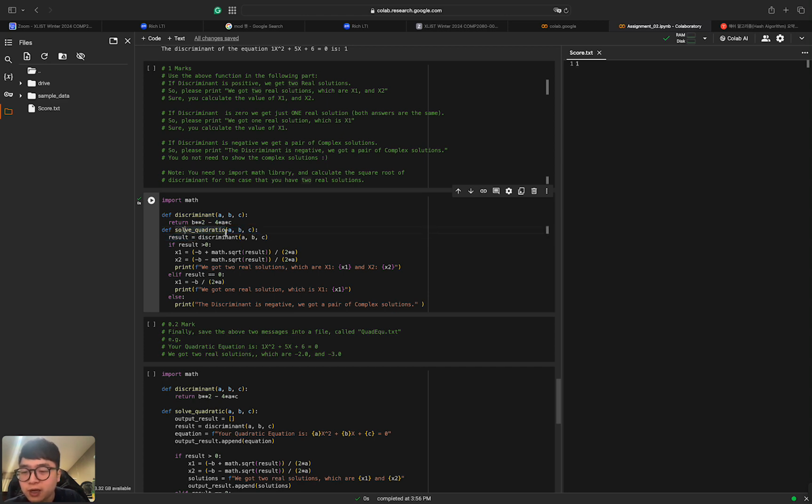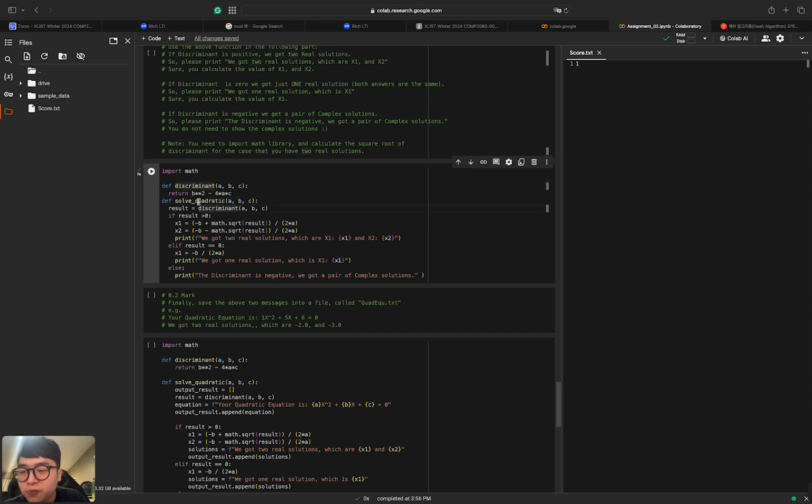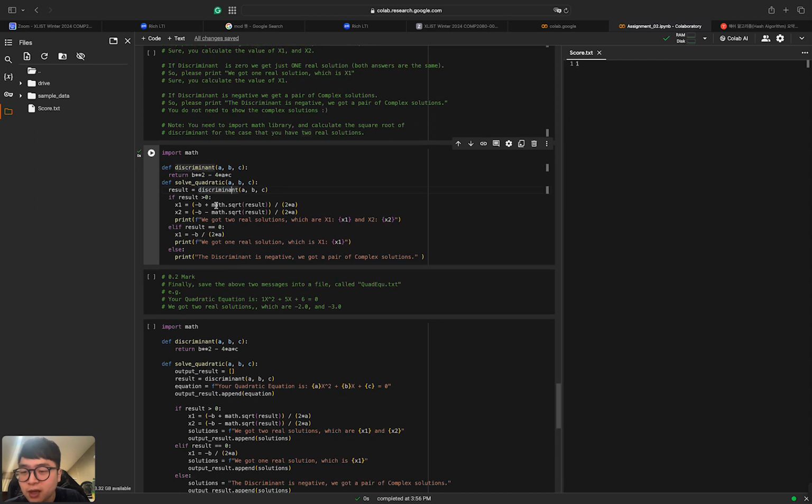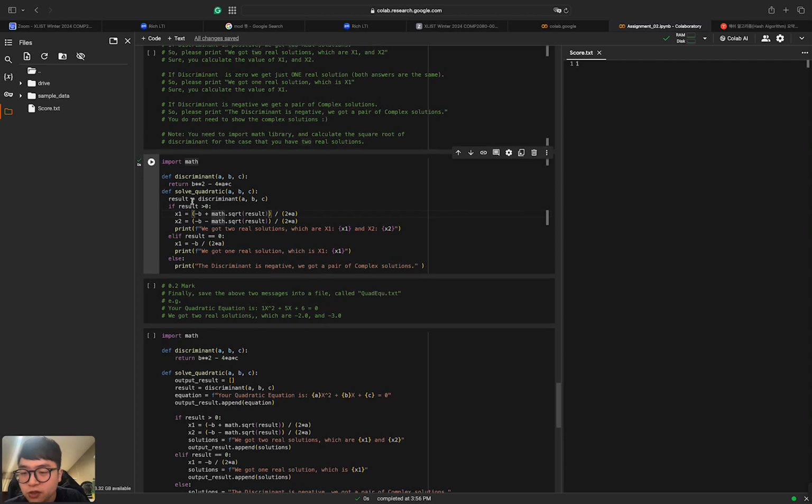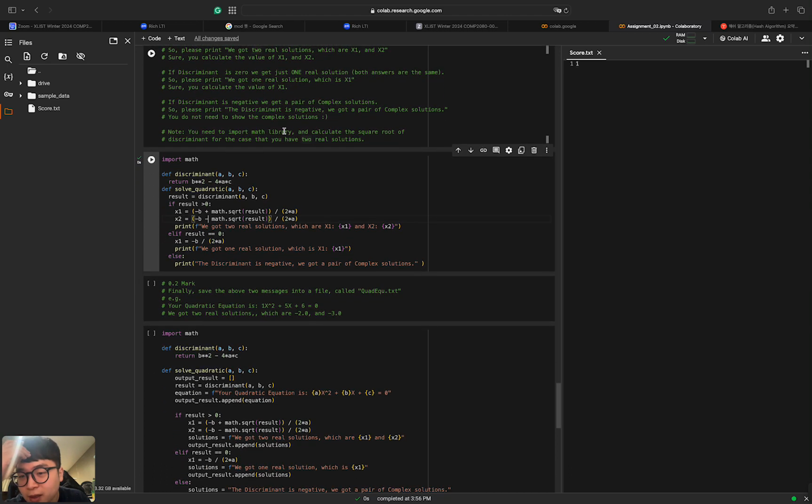The solve quadratic function also takes A, B, C, the same values as the discriminant, and the result variable should be assigned the return of the discriminant calculation. If the result is bigger than 0, there should be two answers: the first one is plus, and the second one is minus, as you have given to me.